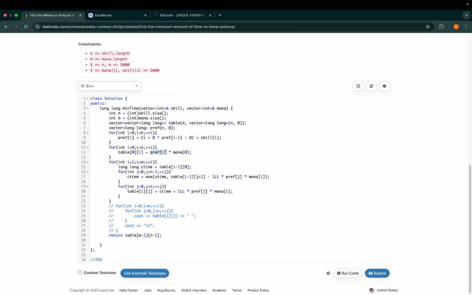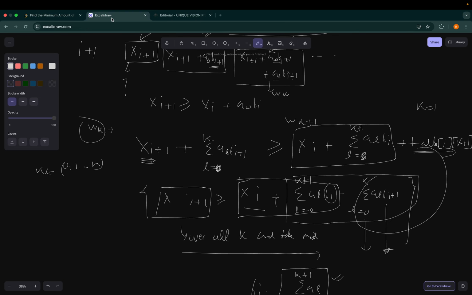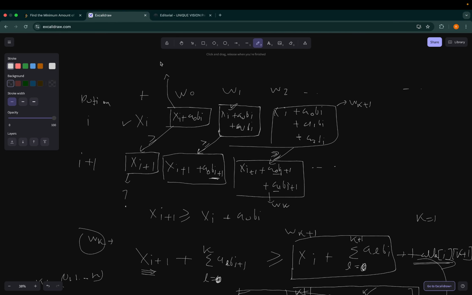So prefix of I, like sum of all the skills of the wizards till the ith wizard into the time it takes to brew the mana of 0, like the first portion, right? So let's say the current time is table of I minus 1, 0, right?